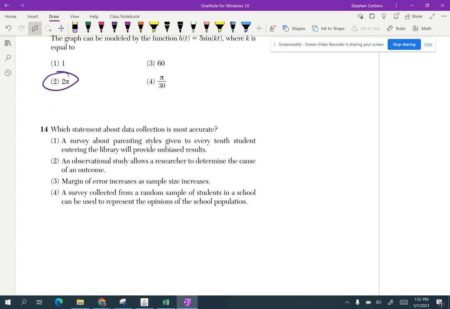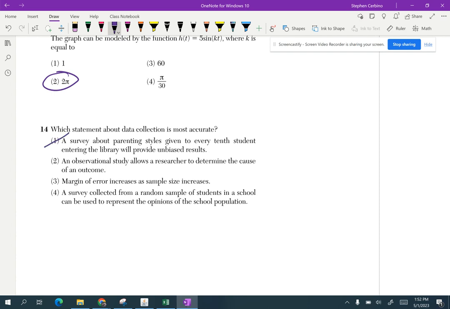That's probably going to produce biased results because of a couple of reasons. One, you're asking students about parenting styles. They're probably going to have a biased opinion on how their parents parent them. You're also asking students to go into libraries, so chances are they're all going to have very similar parenting styles. So that's not really a great idea.